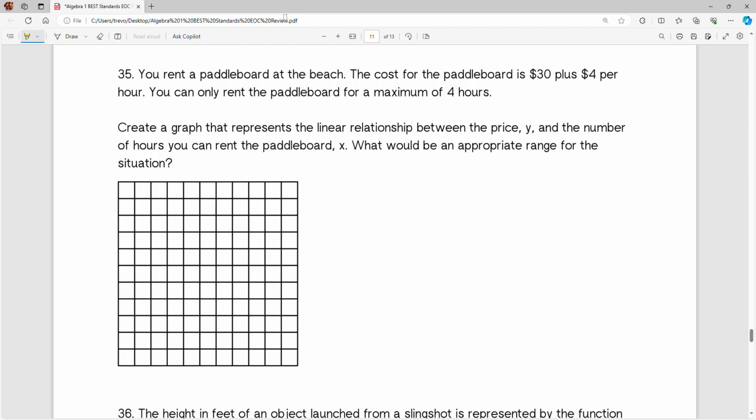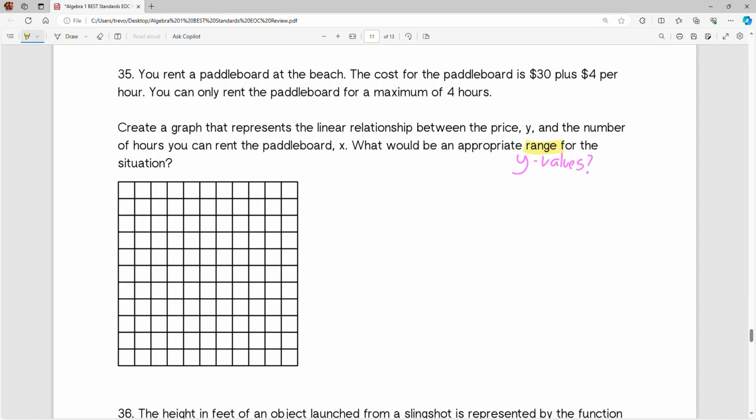And range, right, is asking, what are your Y values? And then to graph this, right, your cost is your price, right?